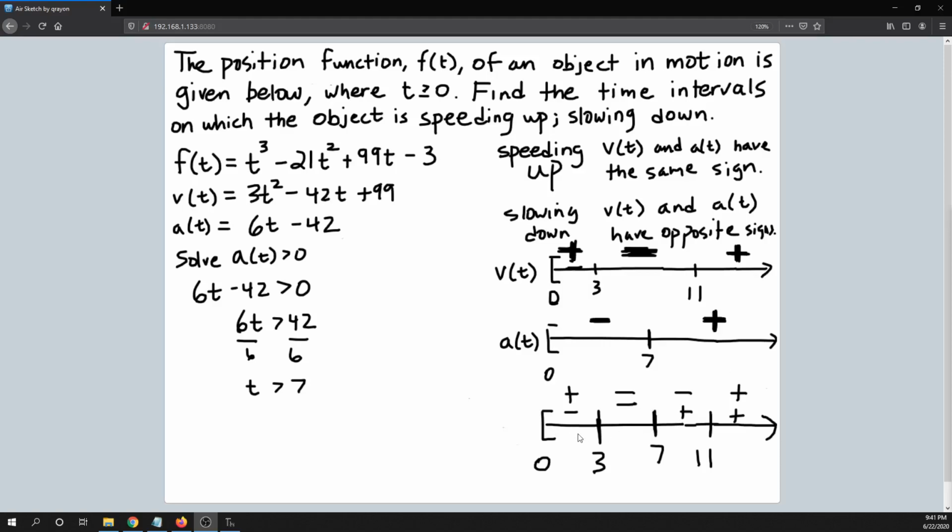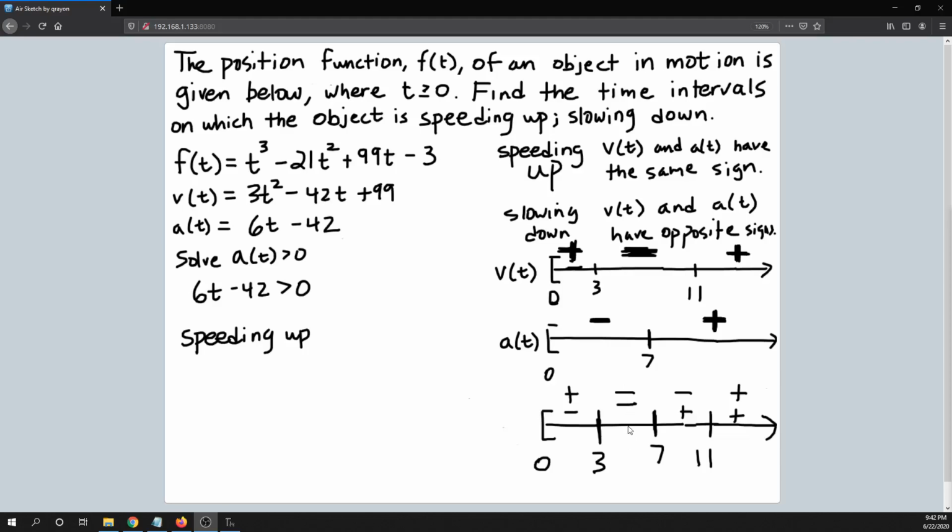And so now to me, it's easy to read off my answer on this one. I'm going to write it over here to the left. So for speeding up, when is the object speeding up? Well, it's going to be speeding up when the velocity and acceleration have the same signs.